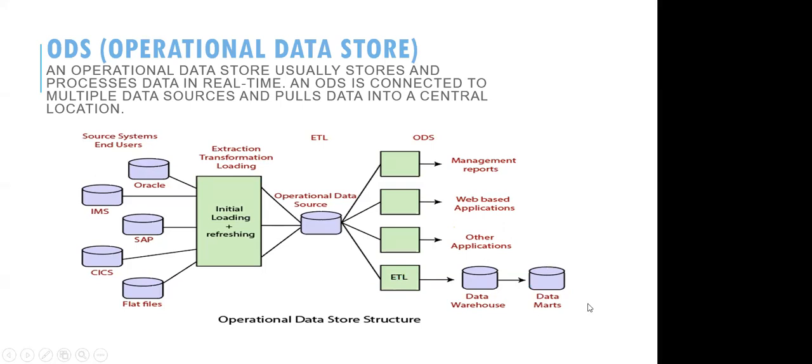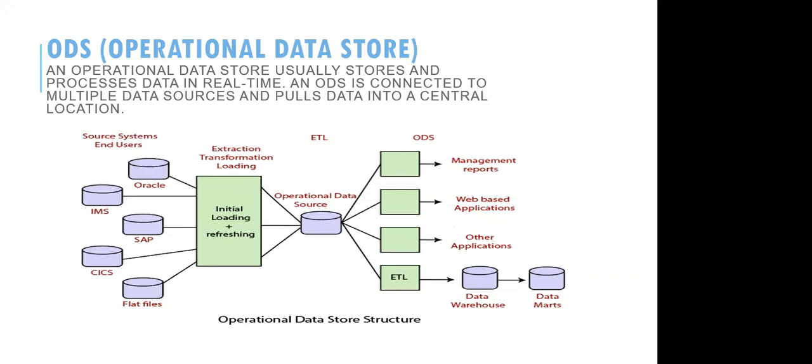We'll come to the data mart shortly. The ODS stores data depending on the project and the client. If they want to store the data for some particular period before it goes to the data warehouse, we use the ODS as a kind of repository where we temporarily store the data.